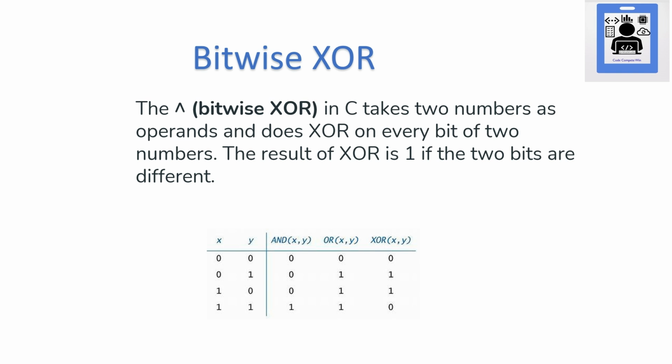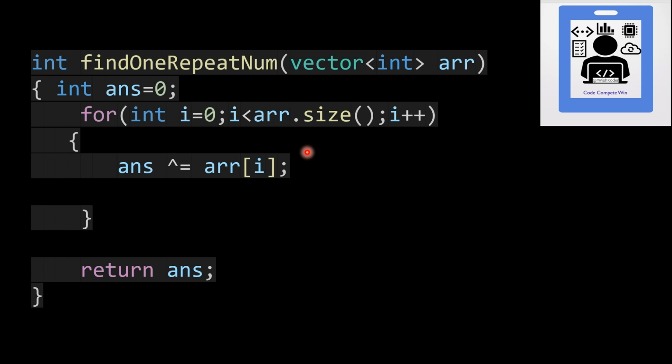So for an array which contains duplicate elements, if we take the XOR of the array, then the duplicate numbers' XOR becomes 0, and at the end the XOR of the array becomes equal to the number which occurs once. So we can use this property to solve this question.